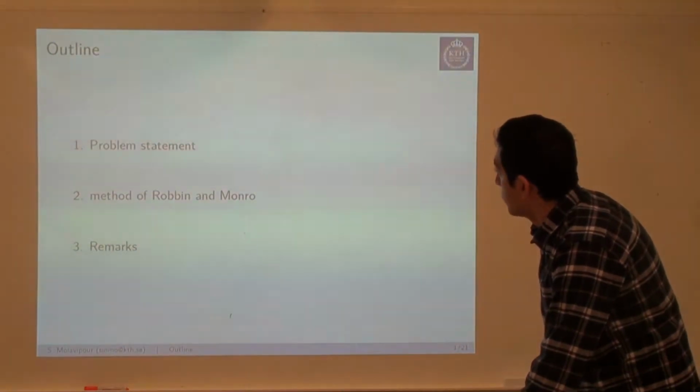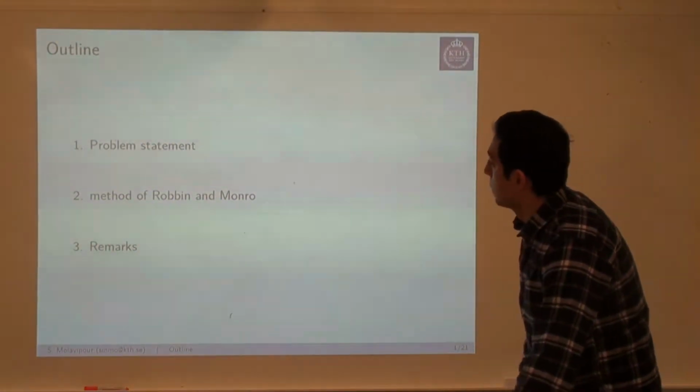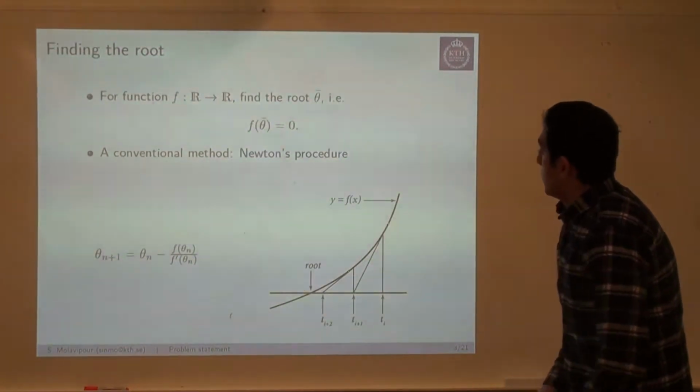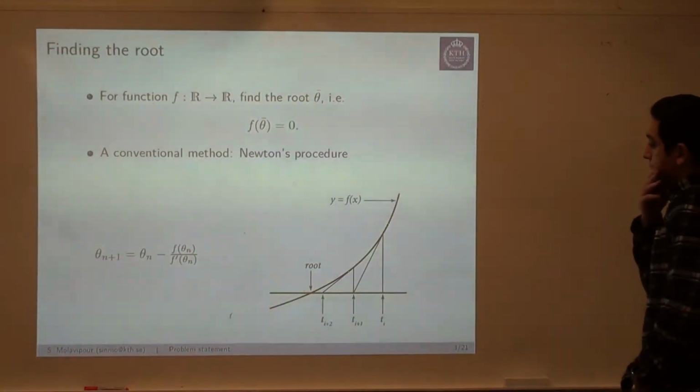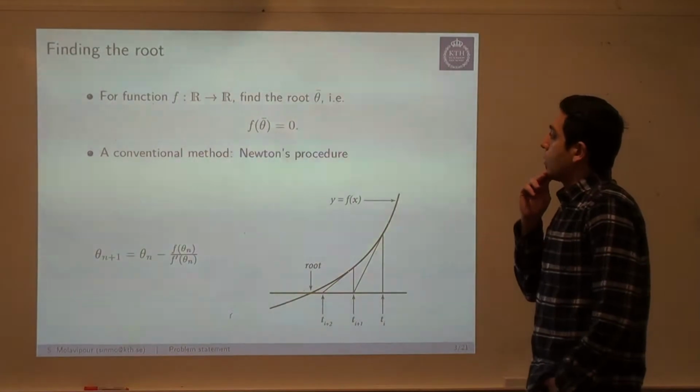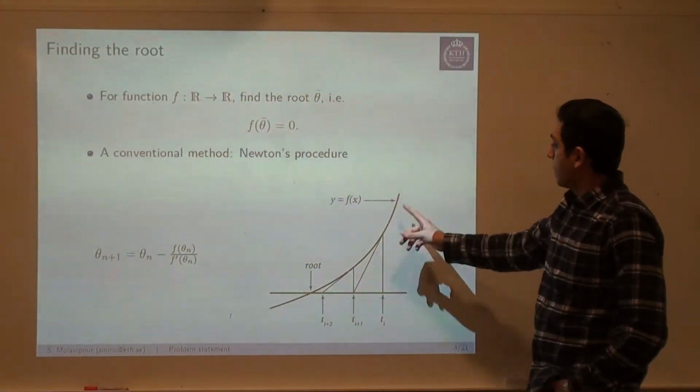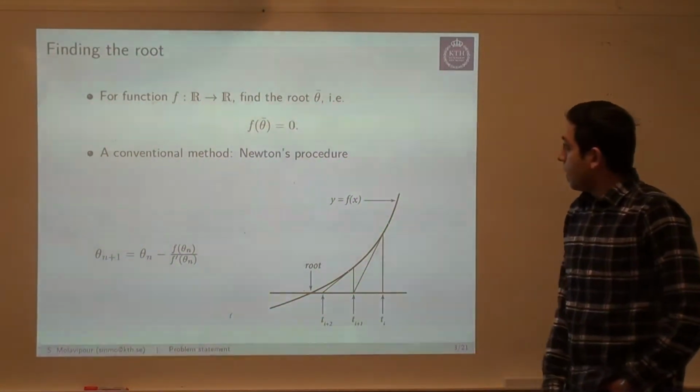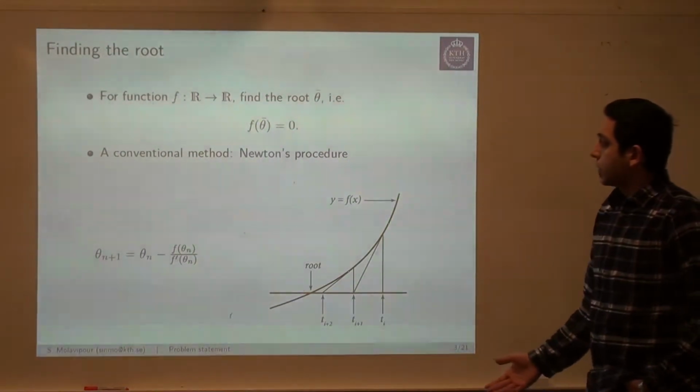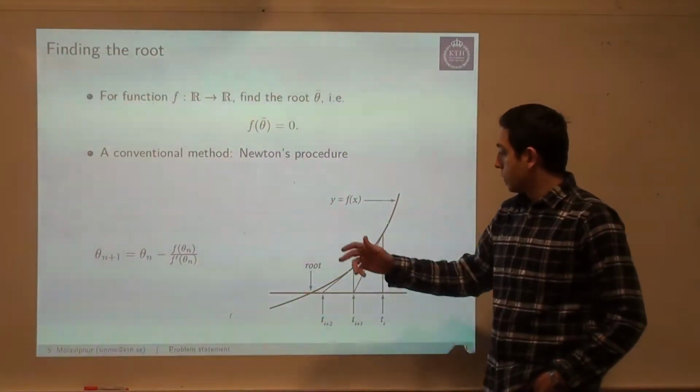So first we're going to begin with the problem statement. In a very simple problem, let's say you want to find the root of the function f of x. One conventional method is using the Newton procedure.